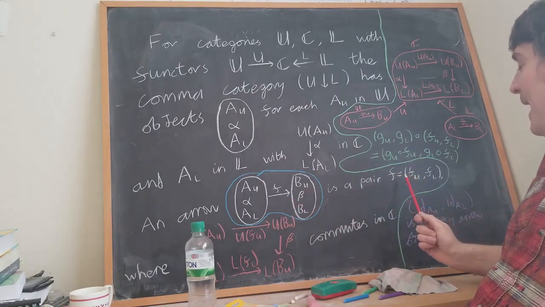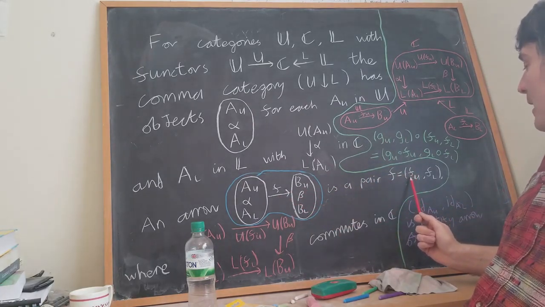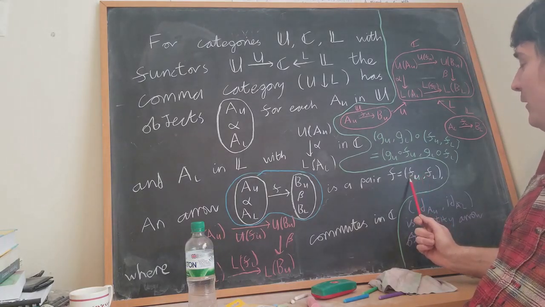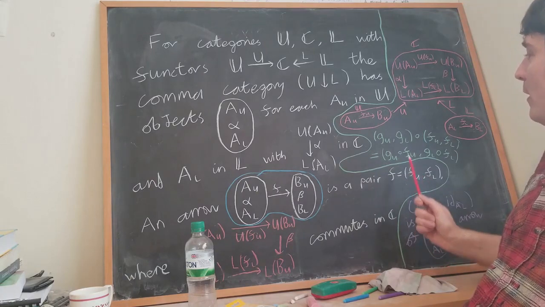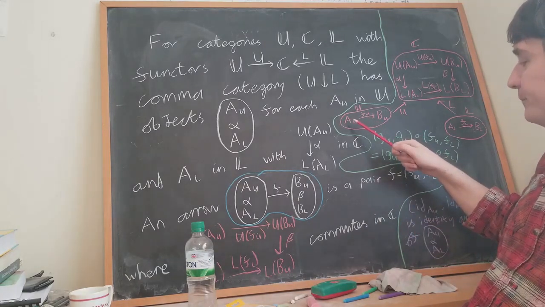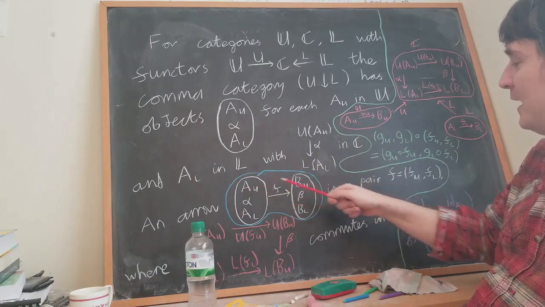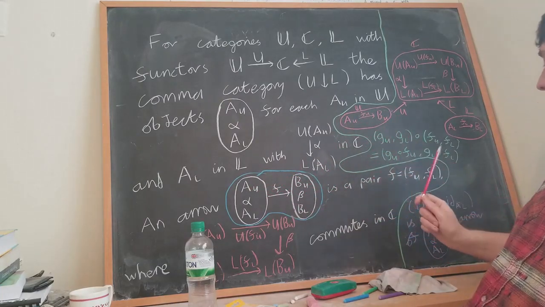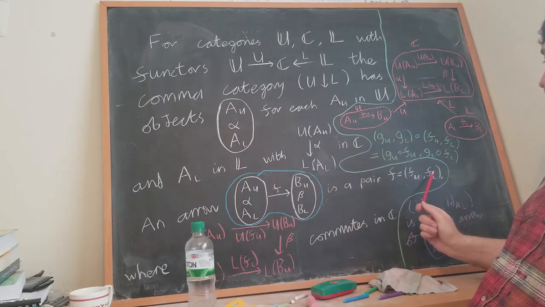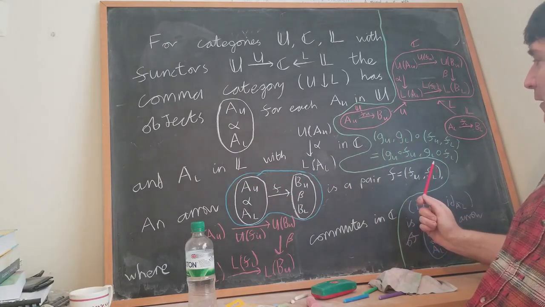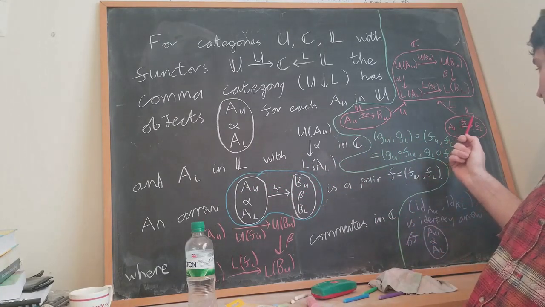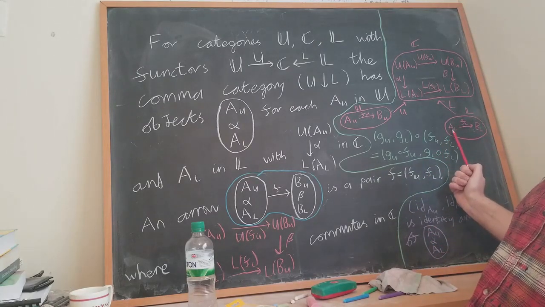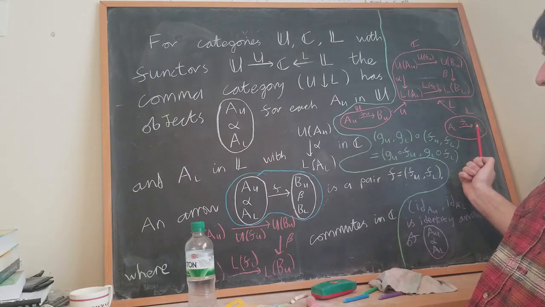Well, it's going to be a pair F of U, comma, F of L, where F of U is going to be an arrow of category U, going from A of U to B of U. And F of L is going to be an arrow in this category L, which is going to go from A of L to B of L.